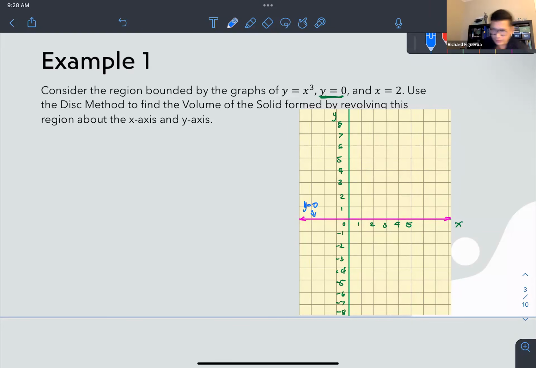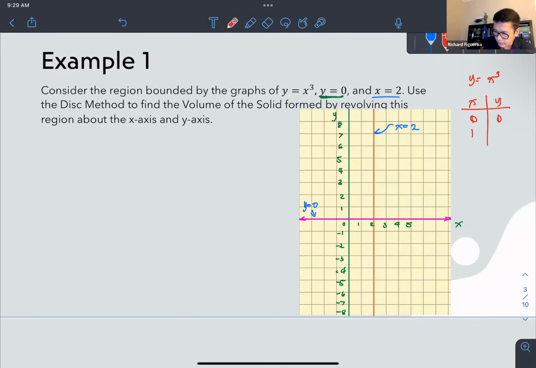The next one is x equals 2. So for whatever value of y, x is always 2. X is always 2. Ito yun. And lastly, I'll be doing y is equal to x cubed. So I could just substitute x and then y. When x is 0, 0 cubed is 0.